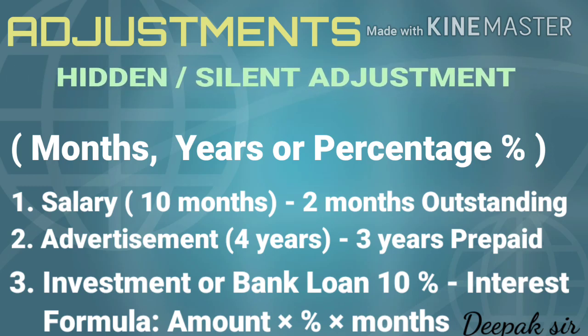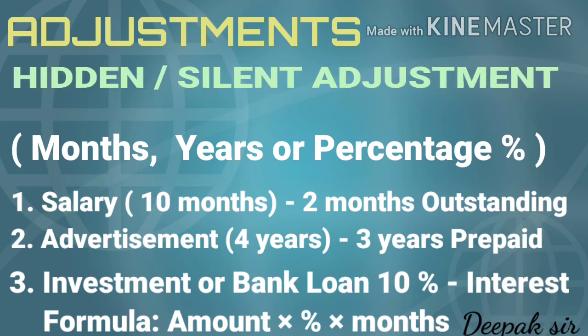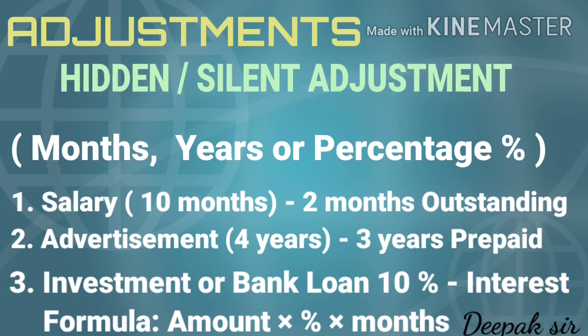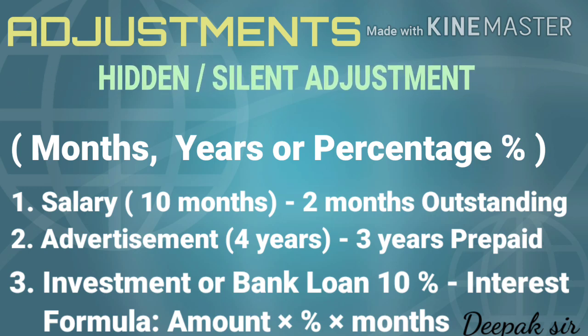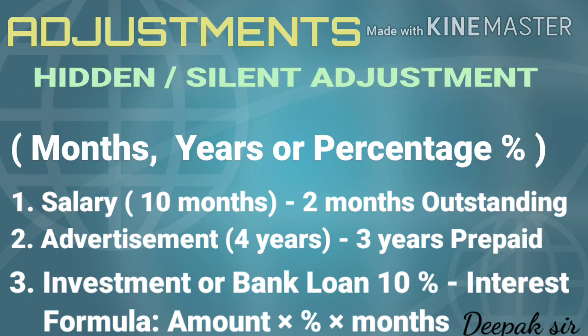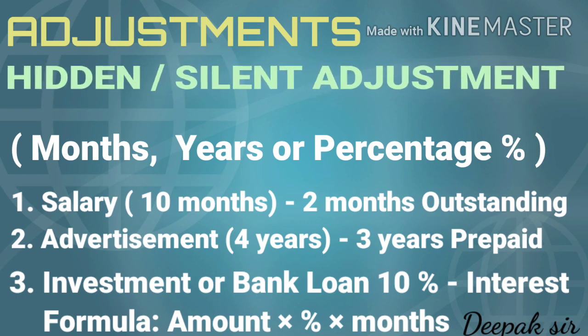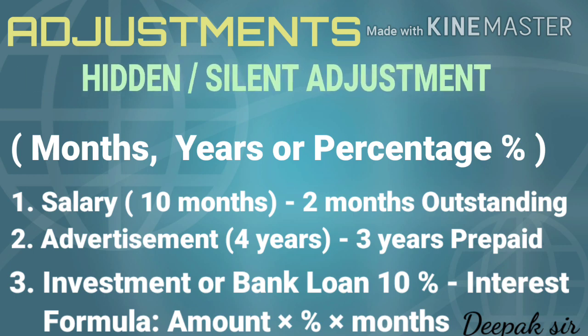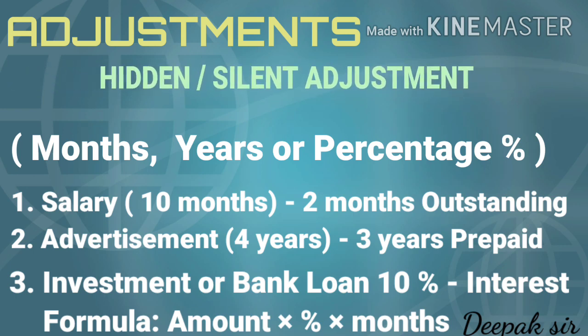So it is very easy to identify hidden adjustments. Whenever along with the account in the trial balance, a month is given, year is given, or percentage is given, that will be a hidden adjustment, and for the hidden adjustment we have to pass two effects.